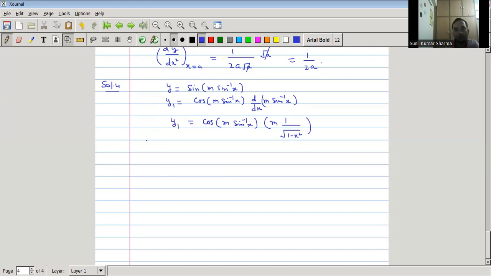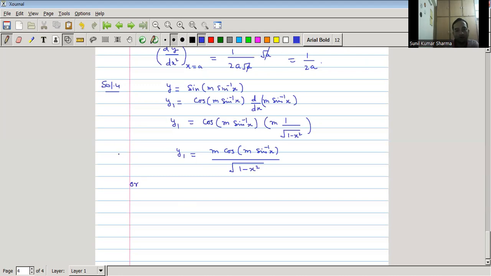So we can write y1 as m cos m sine inverse x whole divided by under root 1 minus x square.